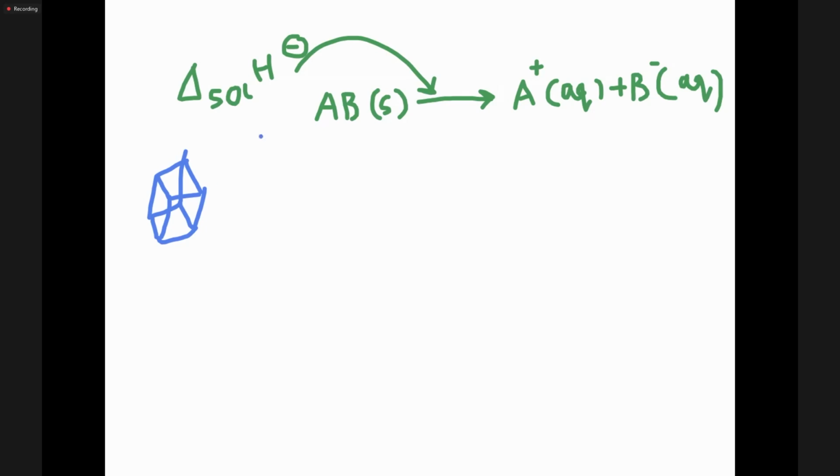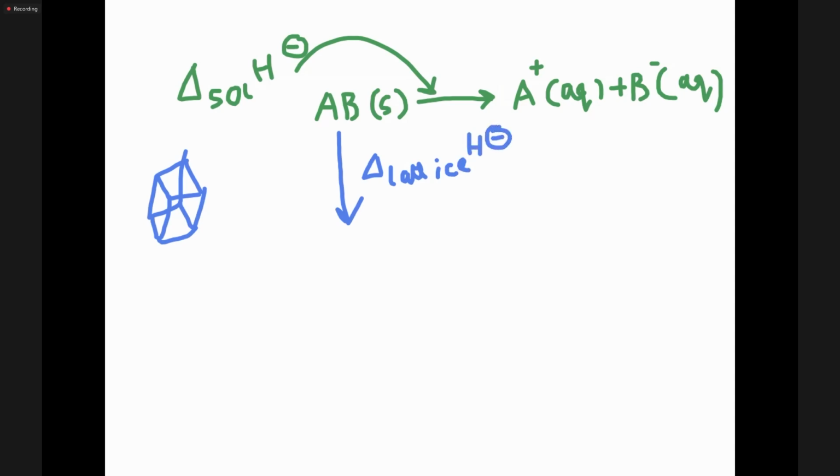So if we have to complete the diagram from AB solid, we have to supply the lattice enthalpy, delta lattice H standard.